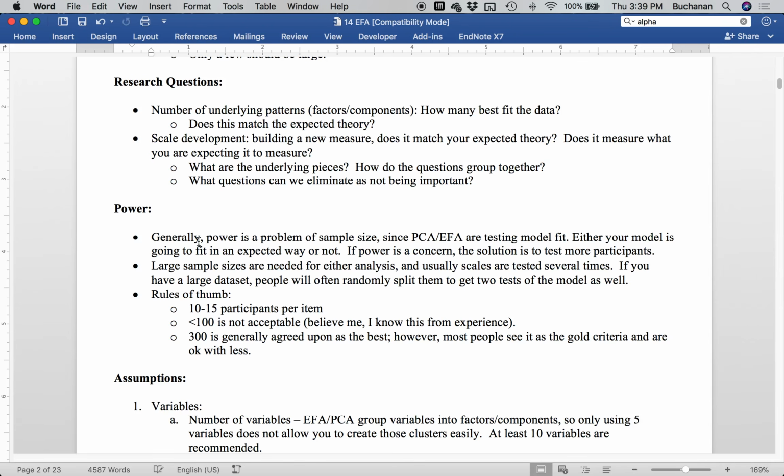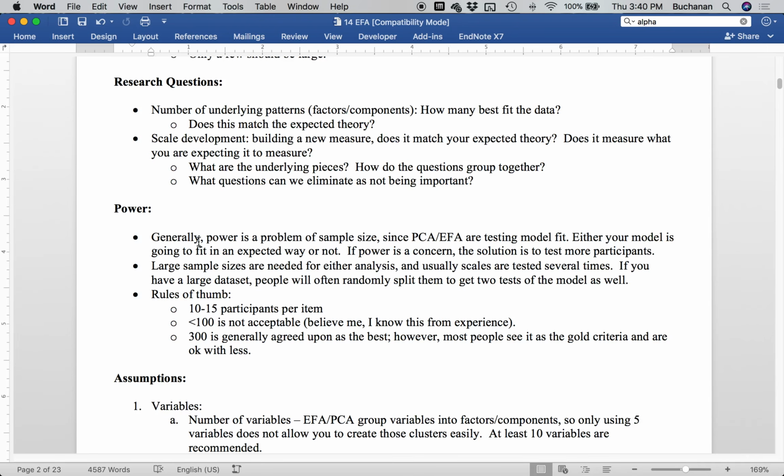Okay, so we want really large sample sizes so no one person can unduly influence the model. And also large sample sizes allow us to meet the central limit theorem and kind of even out the picture of the data, because there's lots of people and it sort of normalizes. And so these analyses tend to need very big sample sizes, but the model either fits or it does not.